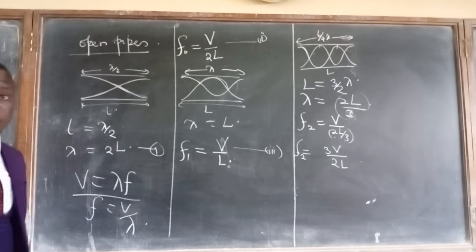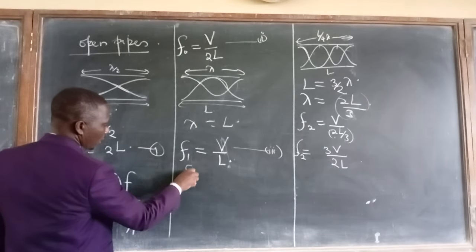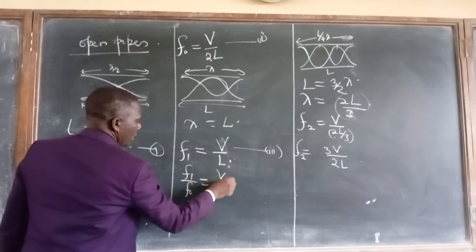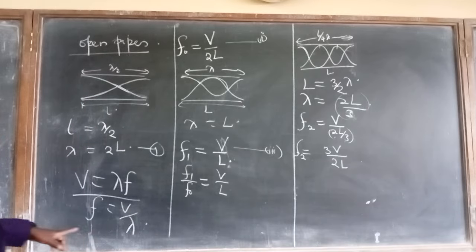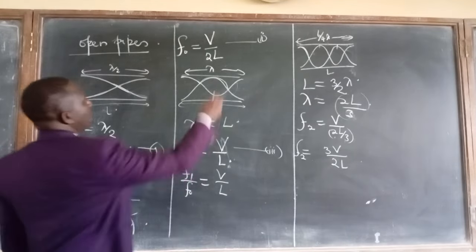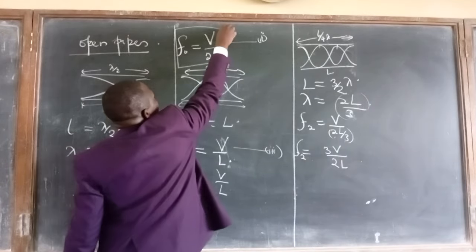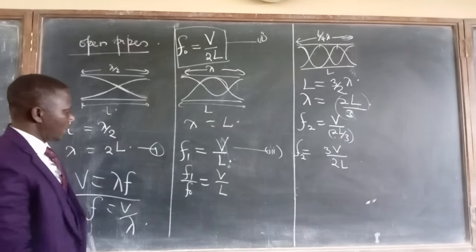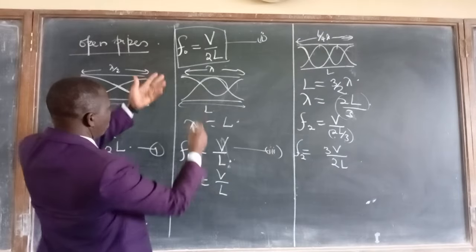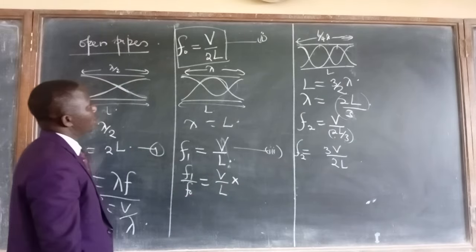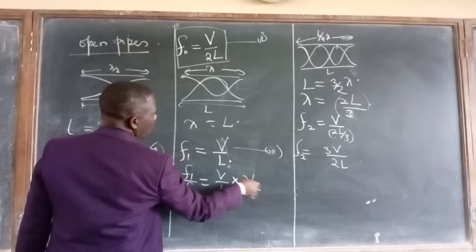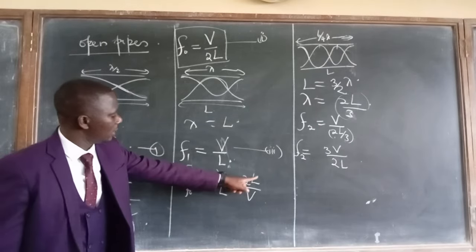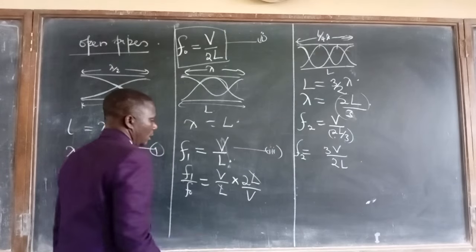So I want to come back here. I get F1 divided by F0. F1 is V out of L divided by F0. F0, remember, is this very one here. Yes, F0 is this one. So if I divide it by this, I would multiply by the reciprocal, which is 2L out of V. You realize that this L and this L will cancel.